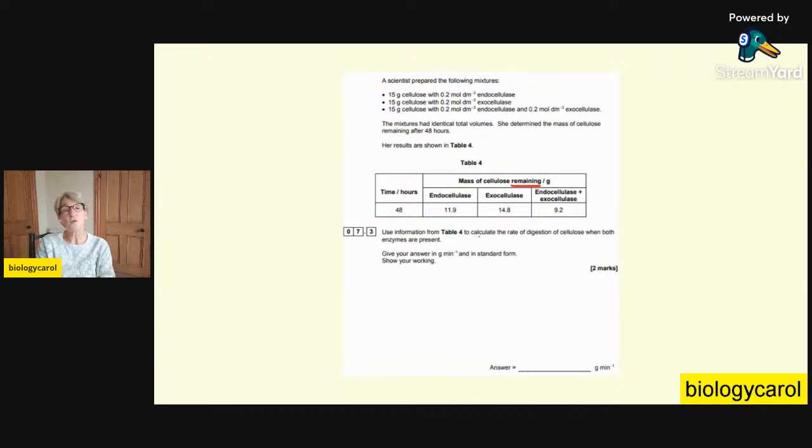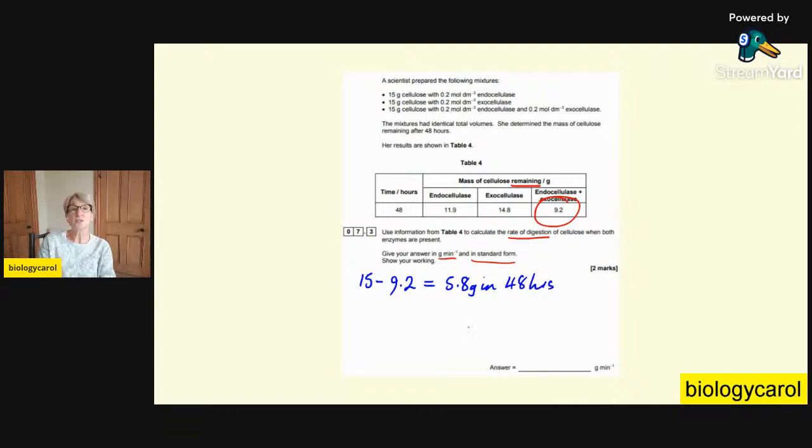Use information from table 4 to calculate the rate of digestion of cellulose when both enzymes are present. We're using this figure here. Give your answers in grams per minute and in standard form. I'm going to come back and remind myself of this at the end of the question. So we've started off with 15 grams. We have ended up with 9.2. So the amount digested is 15 minus 9.2 over a 48-hour period.